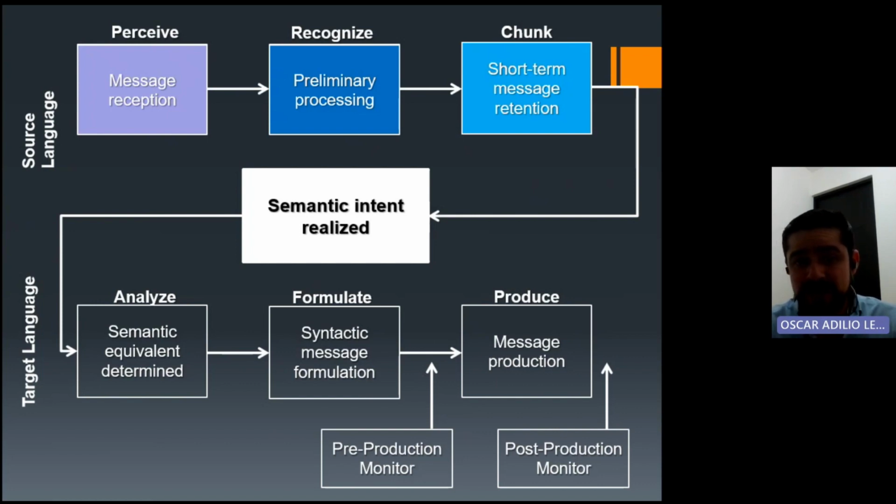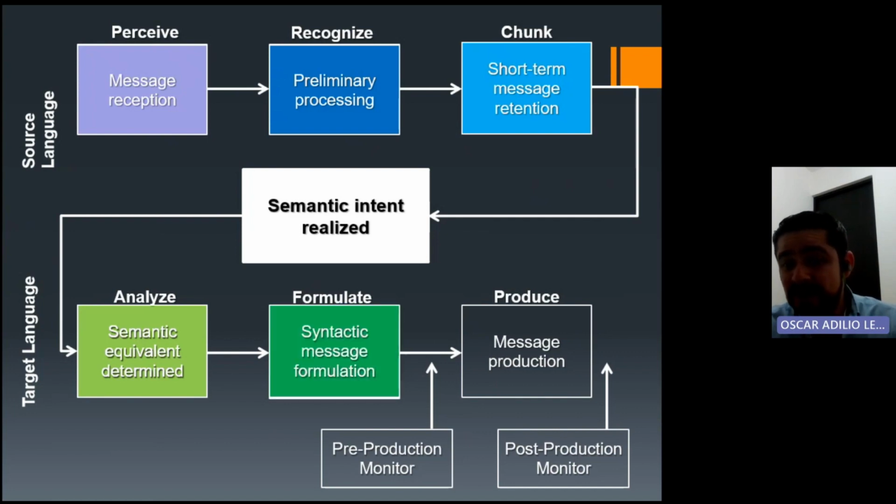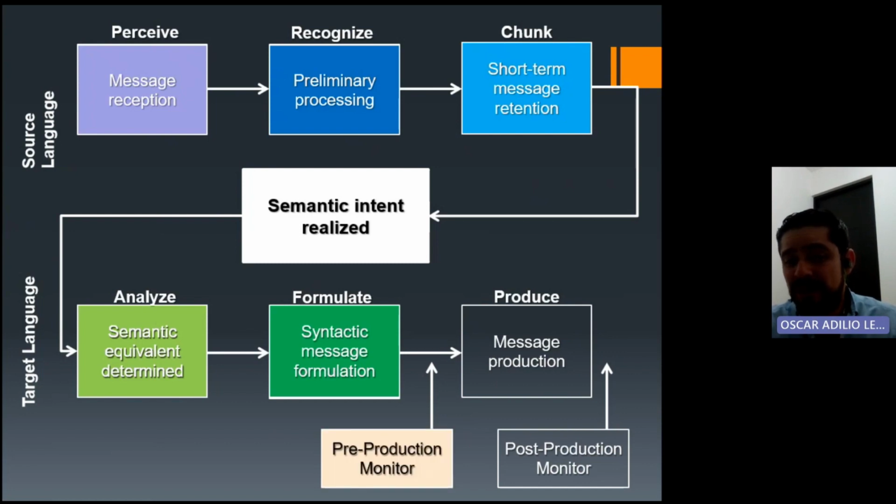Once we have the equivalent, we go into the formulation of the message, which is when we create a syntactic message formulation, basically. We make sure that the grammar is correct, etc. Once we formulate the message, there is a pre-production monitor, so we make sure that everything is correct and that it's ready to go, and then we go with the production.